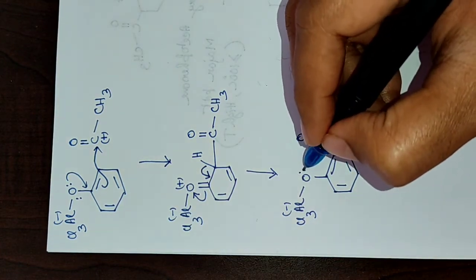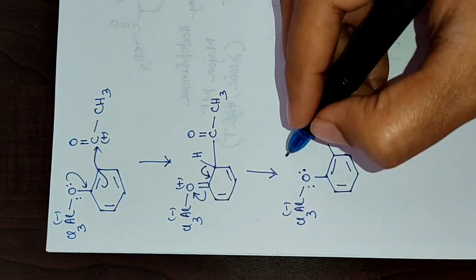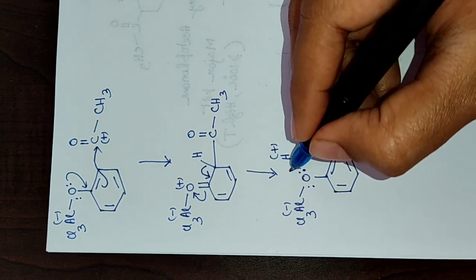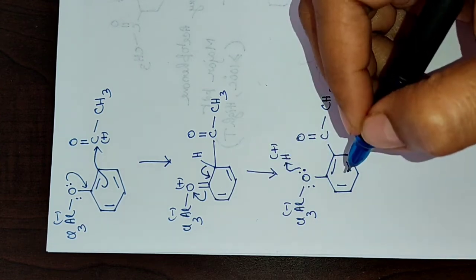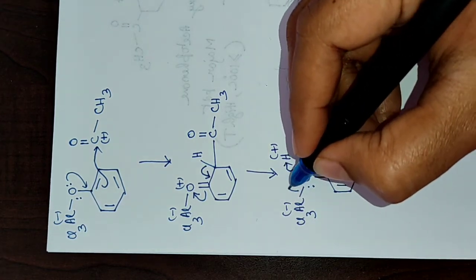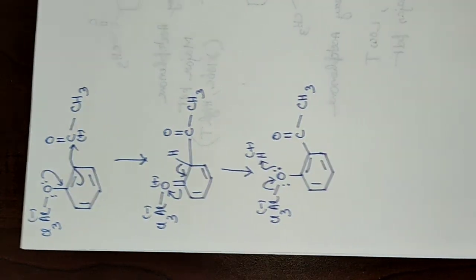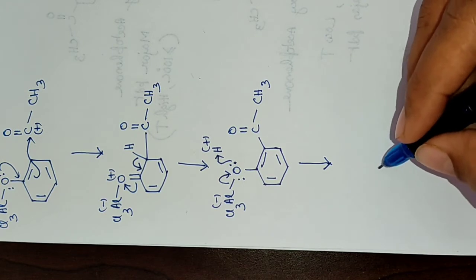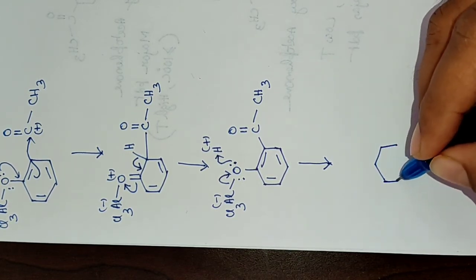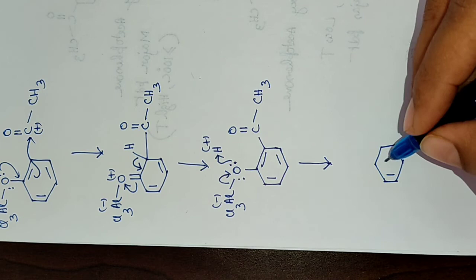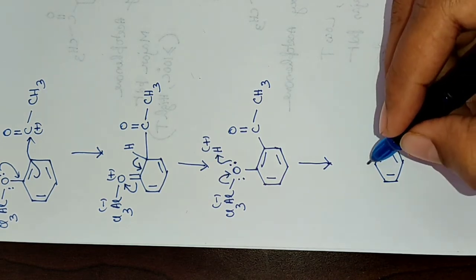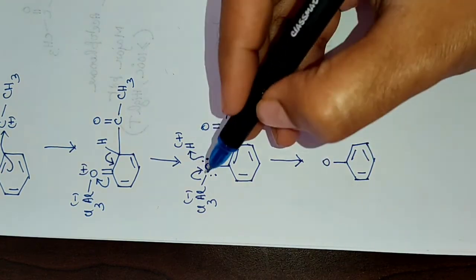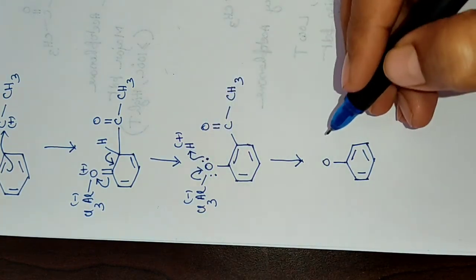Now we have H plus here, and this lone pair will attract this H plus and this will be released again. So it acts as the catalyst. It receives a lone pair, it donates a lone pair, so it will remain neutral.